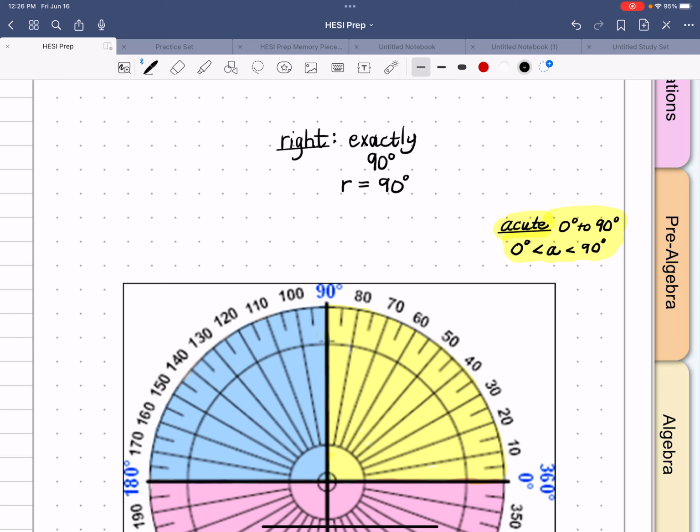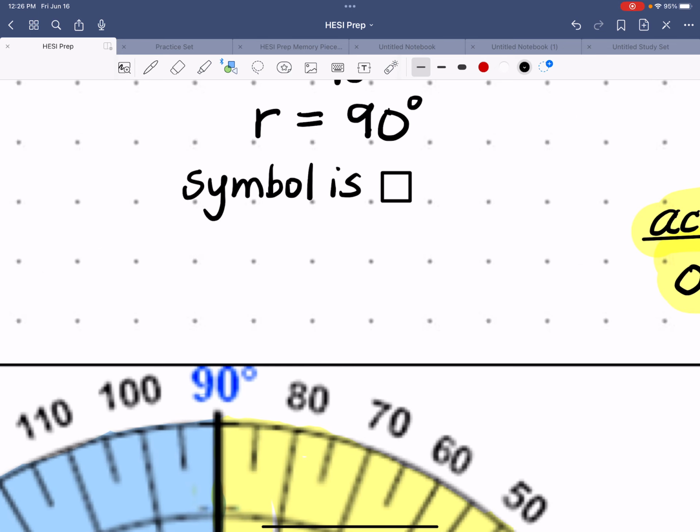It often has a symbol, a square. And I'll show you, not that. It needs to be a perfect square. Oh boy, I'm not doing very well today. That'll work. That's the symbol for perpendicular.